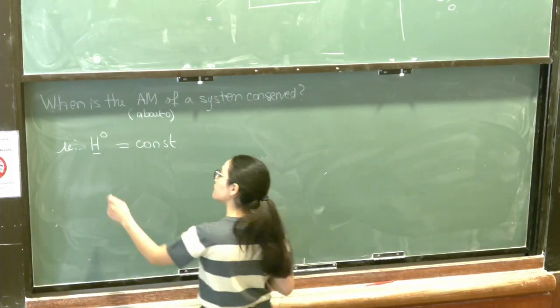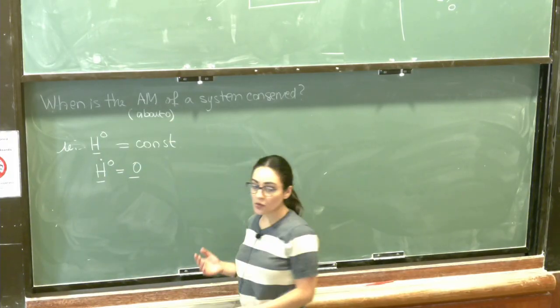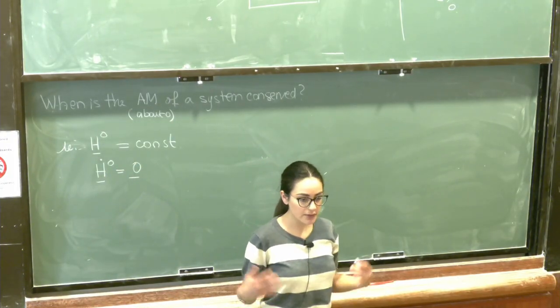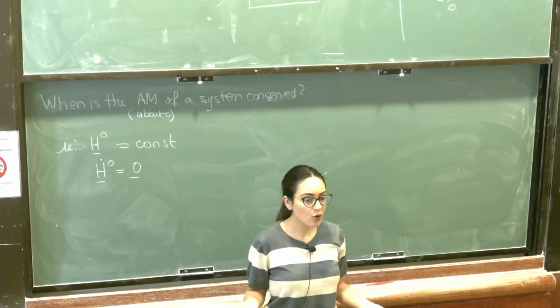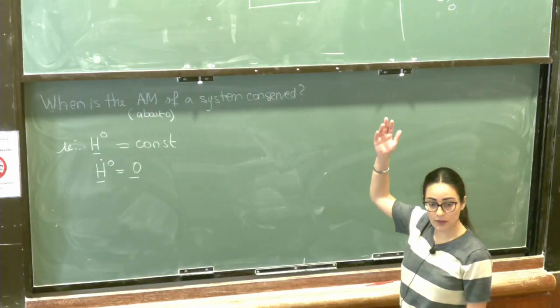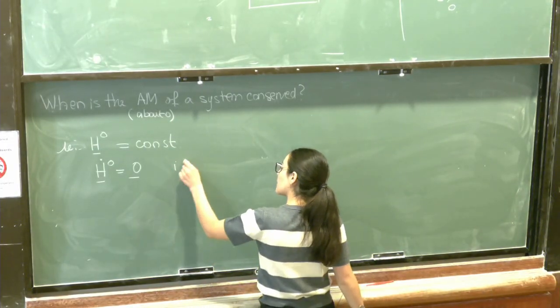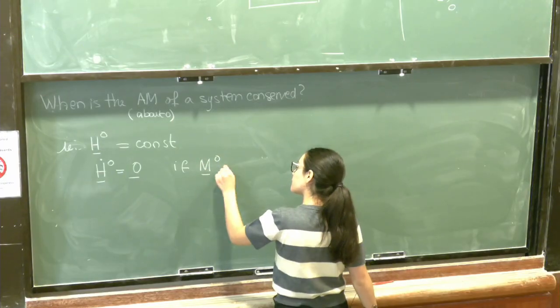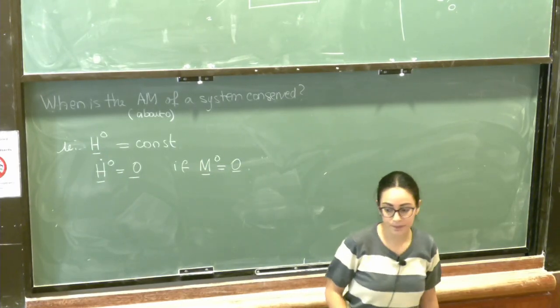So H dot O is 0. These are all equivalent things. But under what condition is H dot O 0? We would need MO to be 0, right? So this happens if MO equals 0. The sum of moments about O is 0.